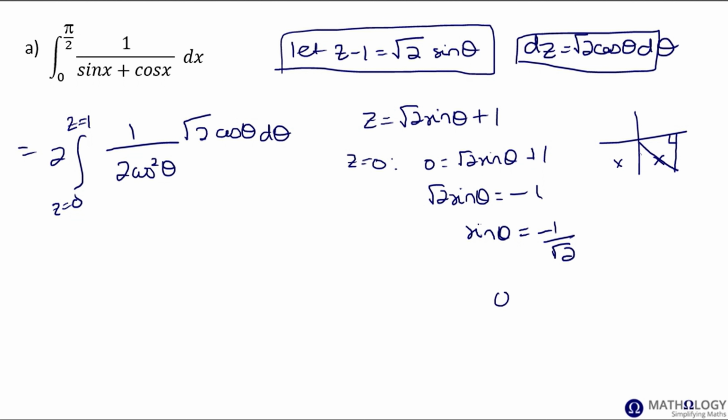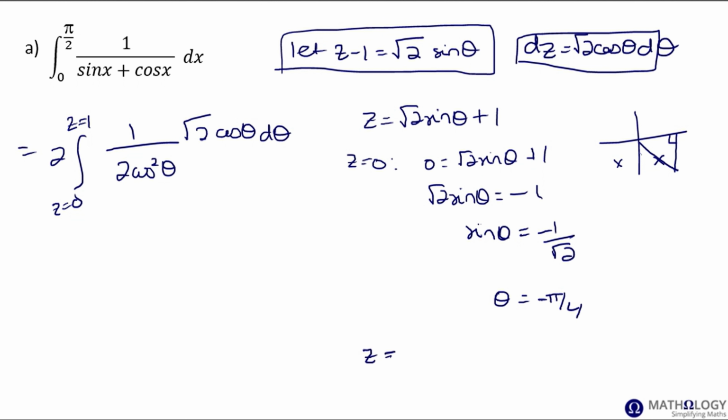So theta will be 1 over root 2. Reference angle is pi by 4. If you work in degrees, it's 45 degrees. That's pi by 4 radians. So theta will be minus pi by 4.